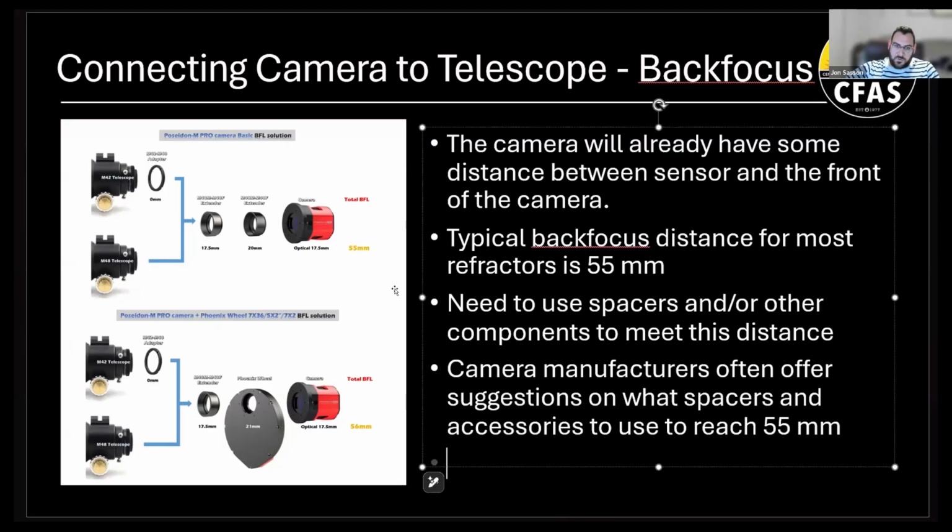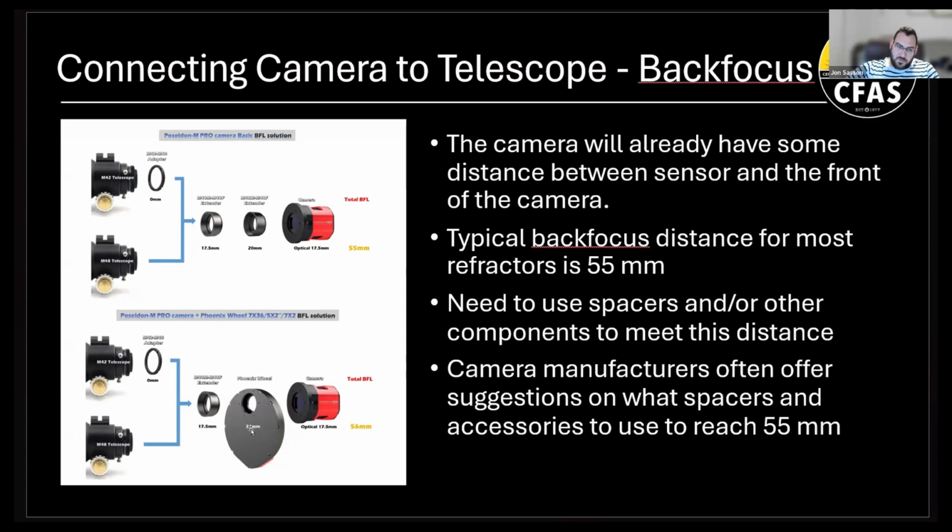And you'll notice when using the adapters, they're telling you 55. When using the filter wheel, they're telling us 56. So what this particular manufacturer assumes is that when you have light going through a filter, it's going to move your back focus by about a millimeter or so.